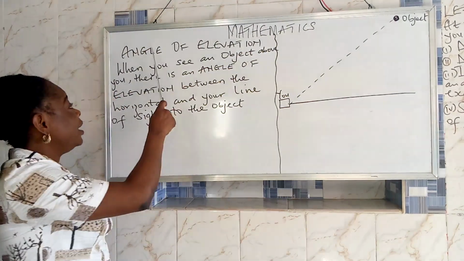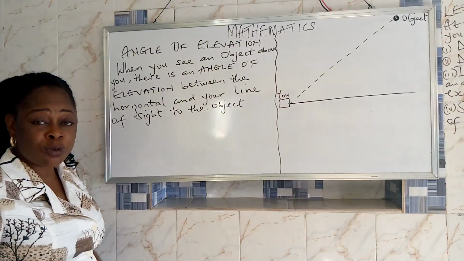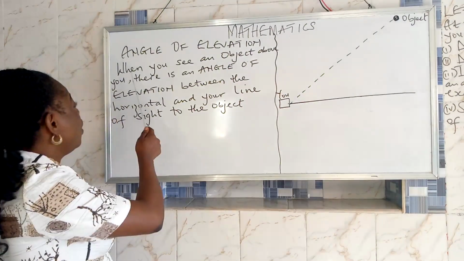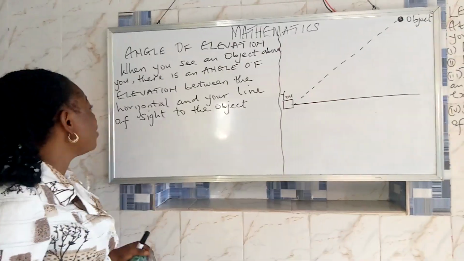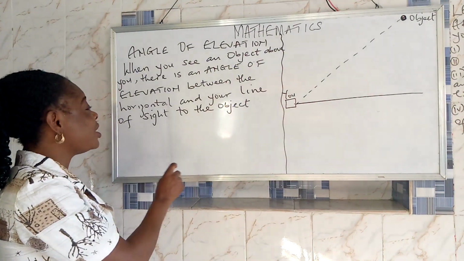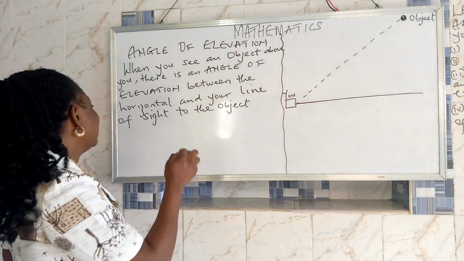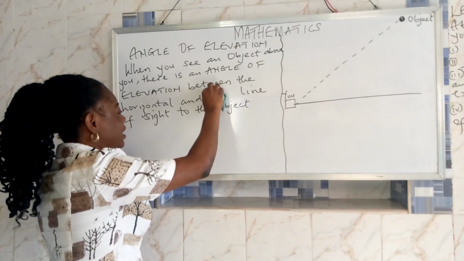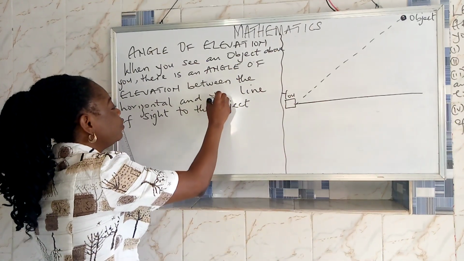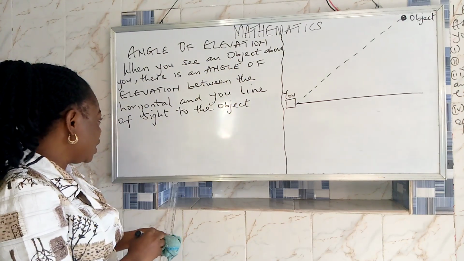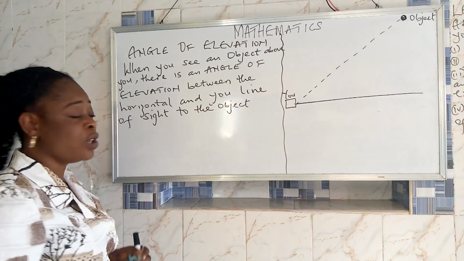Now, let's deal with angle of elevation. What do you understand by angle of elevation? When you see an object above you, there is an angle of elevation between the horizontal and your line of sight to the object.